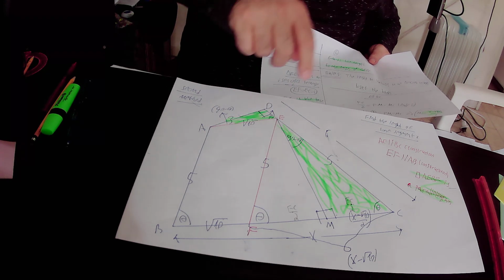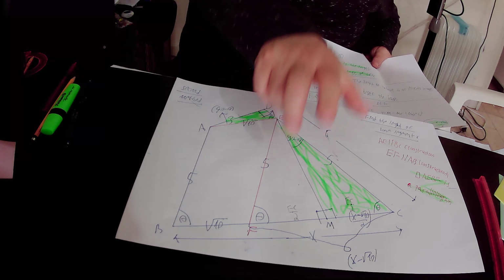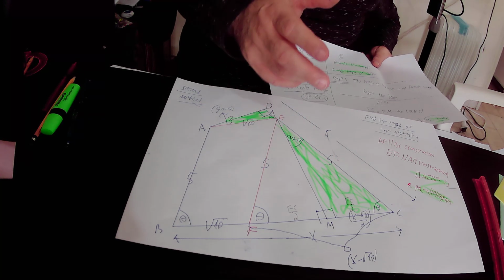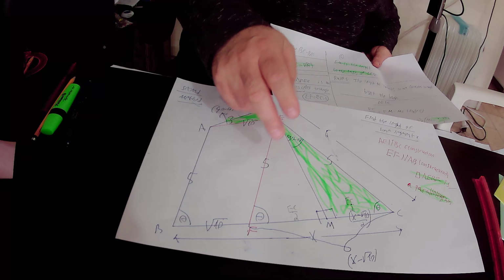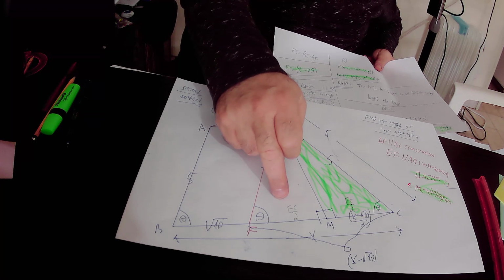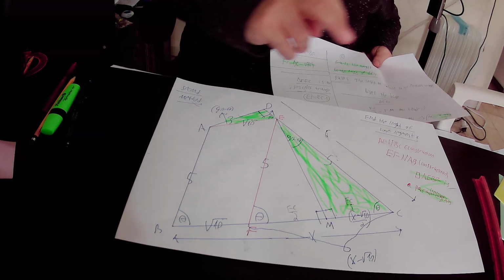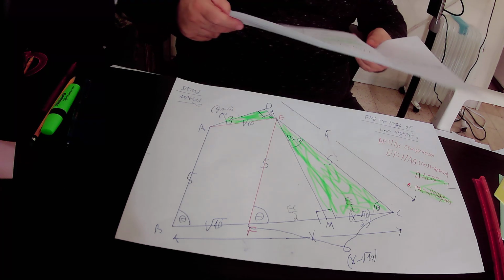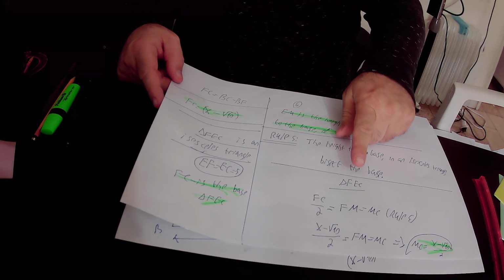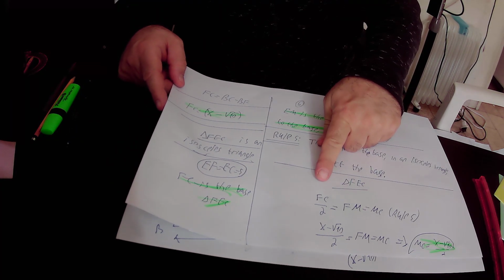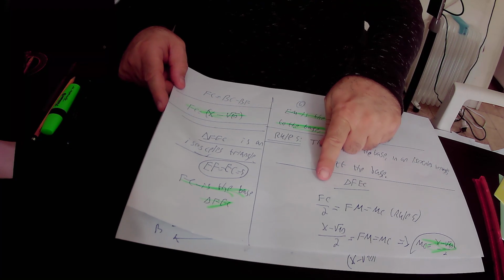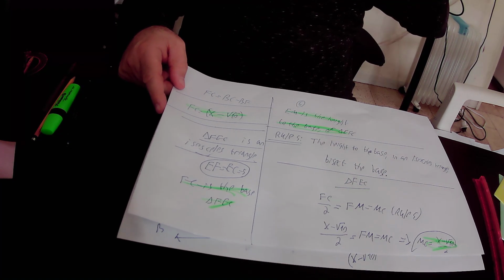Because the height EM bisects the base FC, which means it divides it into two equal parts. So if FM equals FC over 2, then MC will also equal FC over 2, according to rule number 5.